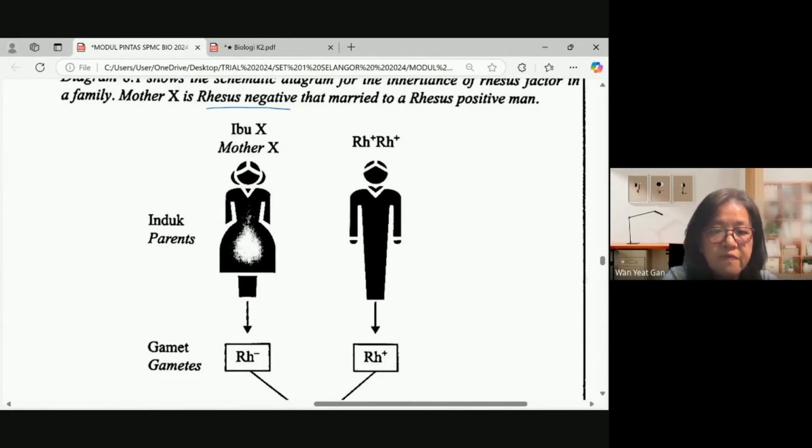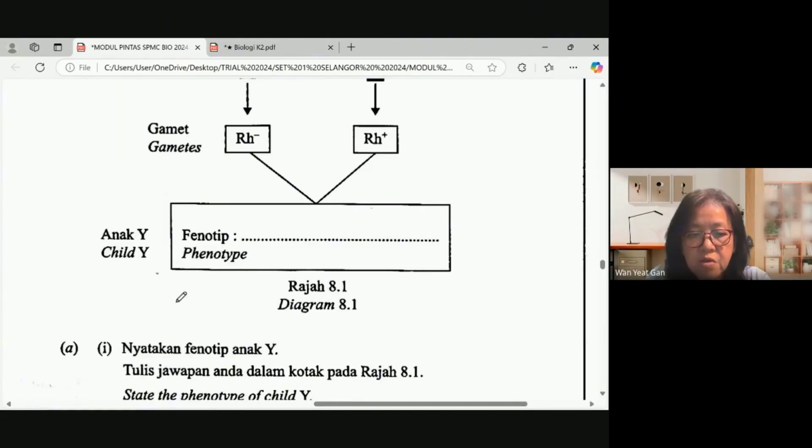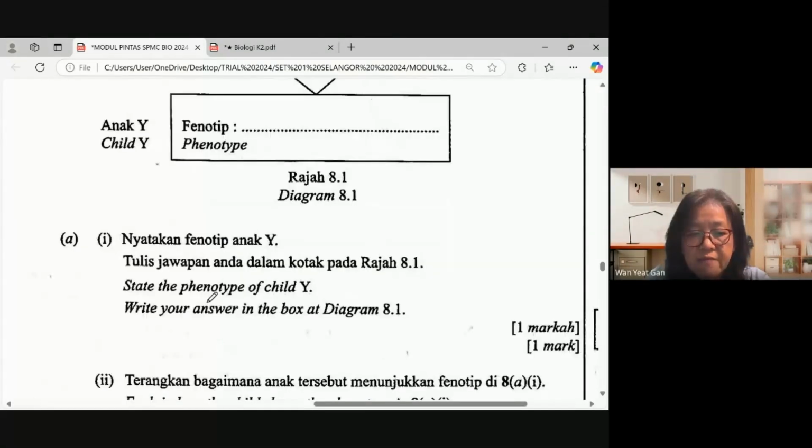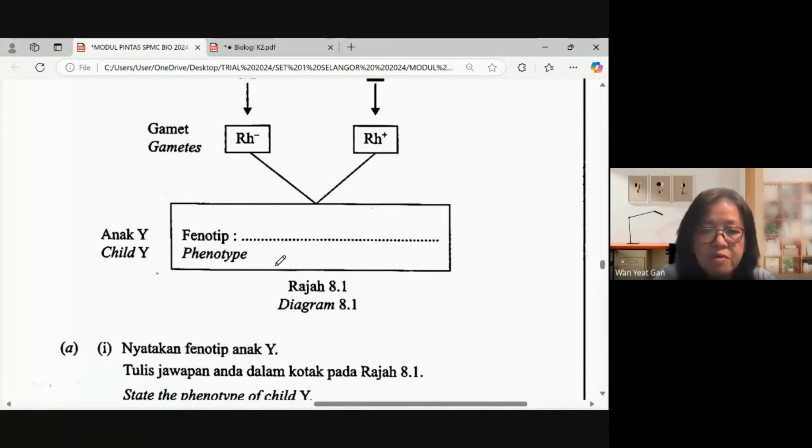The father is RH positive. So the gametes will be RH minus and RH positive. They ask us to write the phenotype of the child. So the child will be RH positive, RH negative.